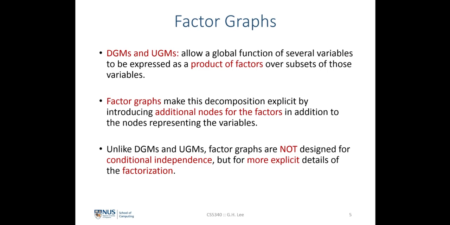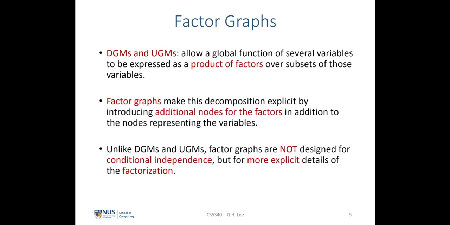It will introduce a set of additional nodes for the factors in addition to the nodes representing the random variables to achieve this goal. And unlike the directed graphical models and undirected graphical models, it's important to note that factor graphs are not designed for conditional independences, because there's no concept of d-separation as well as Markov random field properties, as we have seen in the directed and undirected graphical models, to help us encode conditional independences.